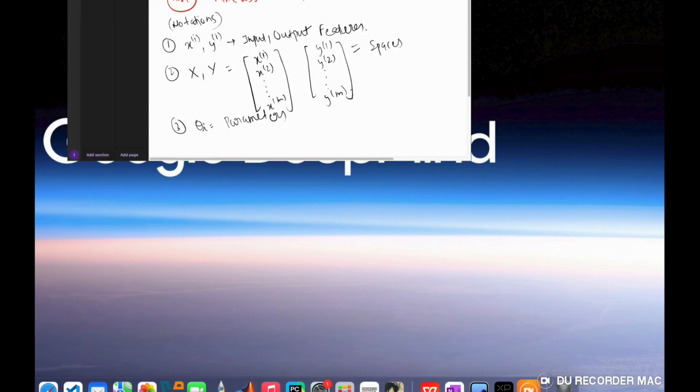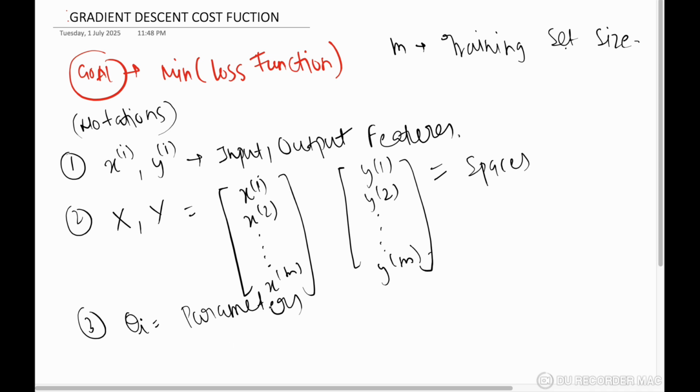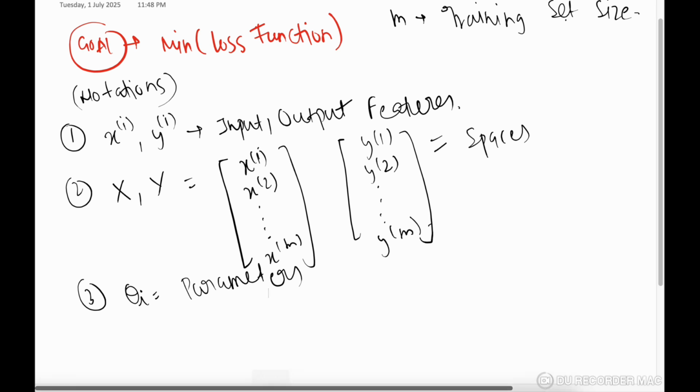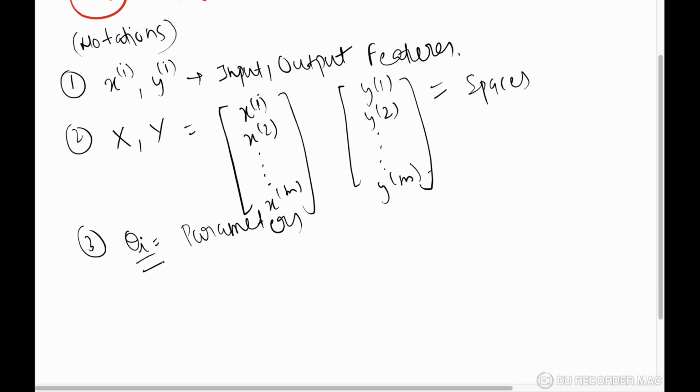These are parameters, and what we need to find is the right values for them. We also call them weights.